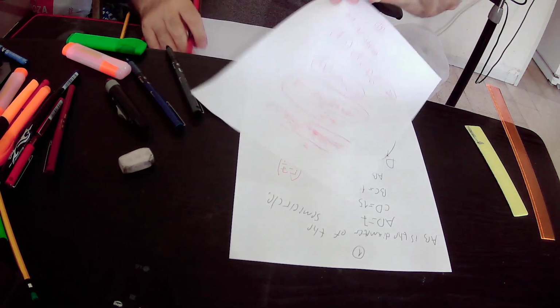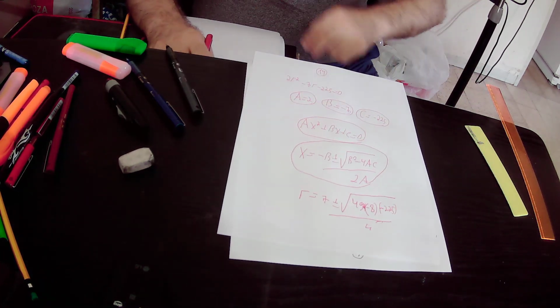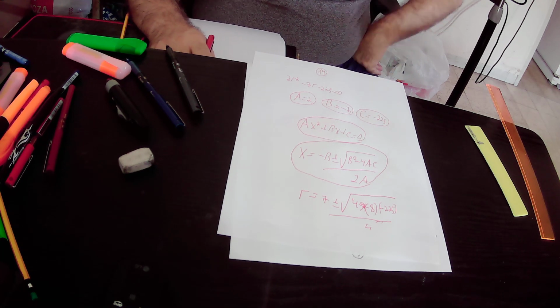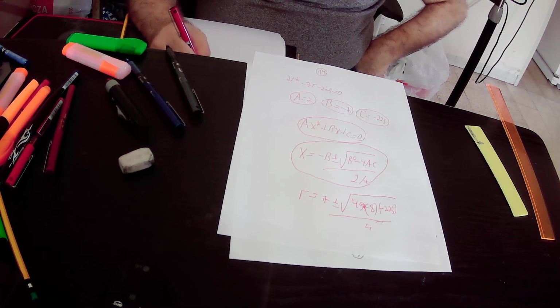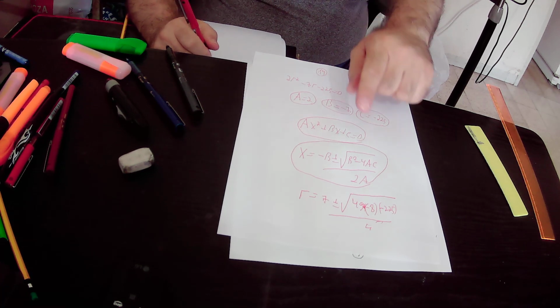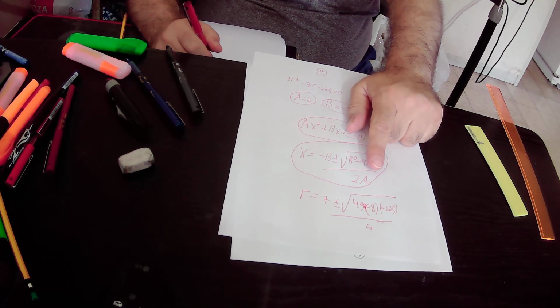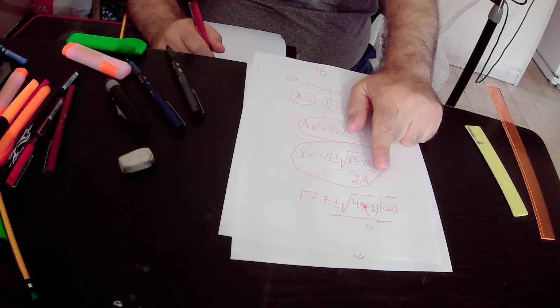So in total we got that r equals to 7 plus minus root of 49 plus minus 8 times minus 225 over 4.